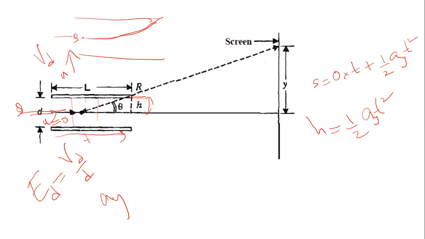The onset of deflection will start immediately after it enters, but at this onset the amount of deflection is very, very small. So for an approximation, we can assume that this is the direction of the beam. Let's say this L is the length, and this is L upon 2.